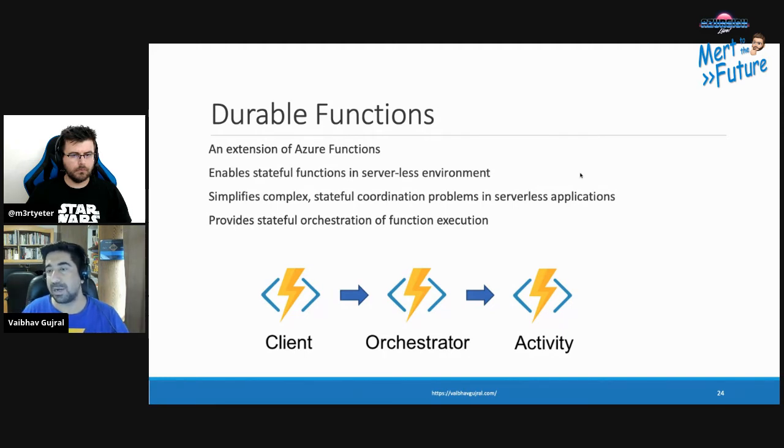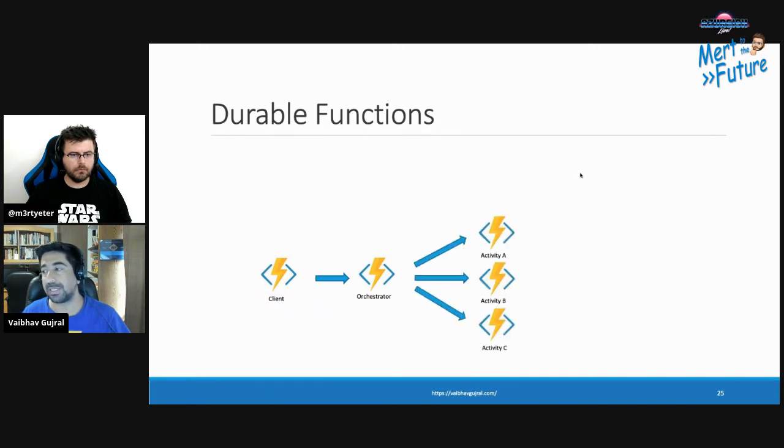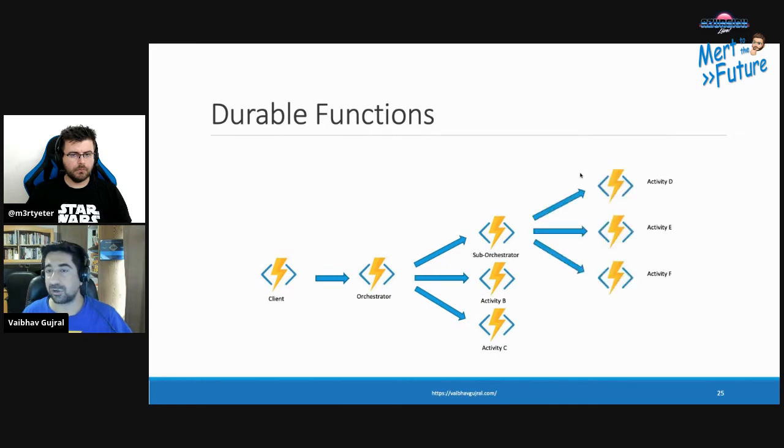It can execute multiple activities based on different patterns that we'll see shortly. Your orchestrator can call multiple activities, and it can also call a nested or sub-orchestrator, which in turn can call its own set of activities.